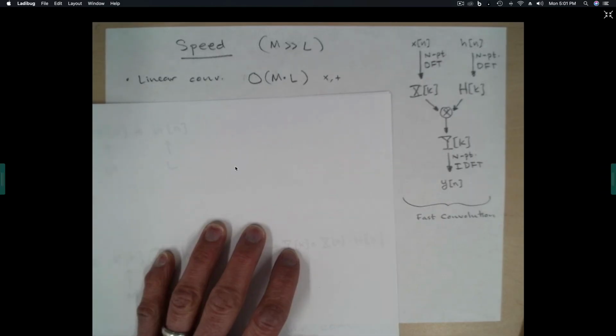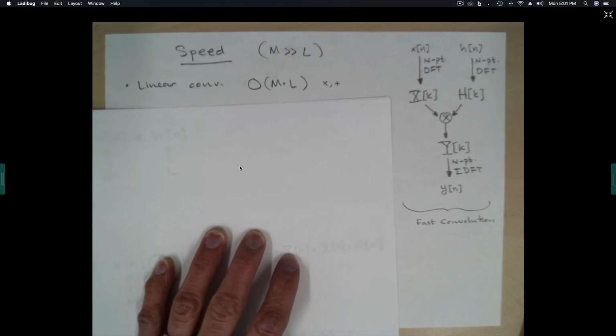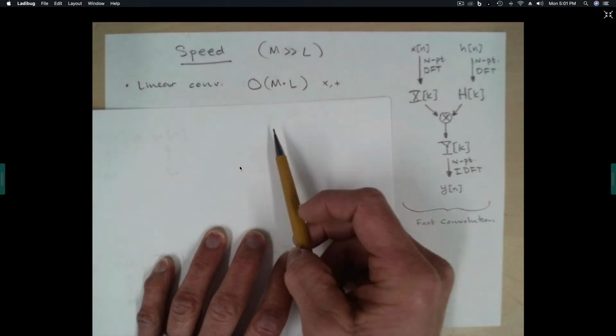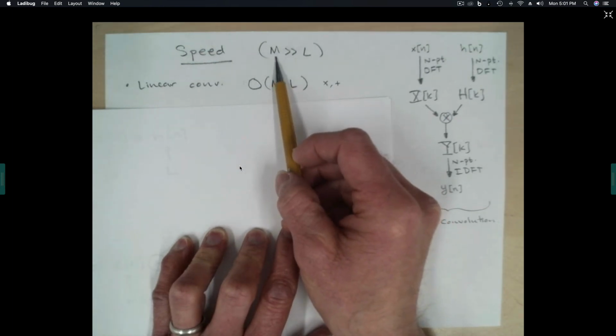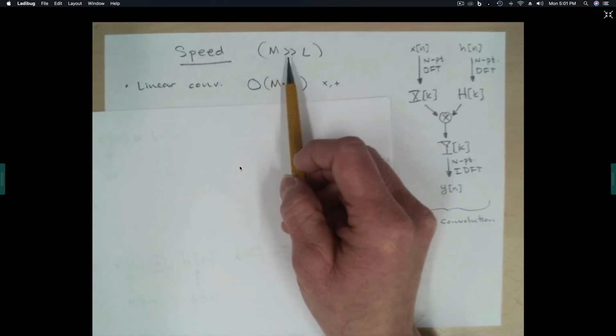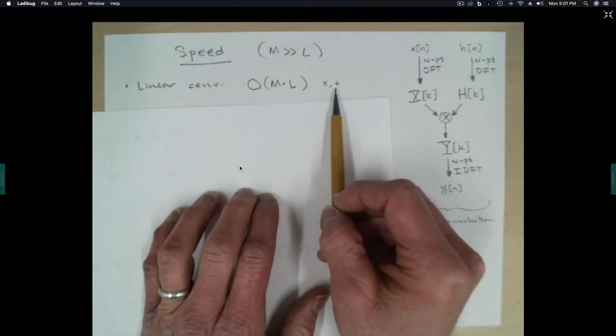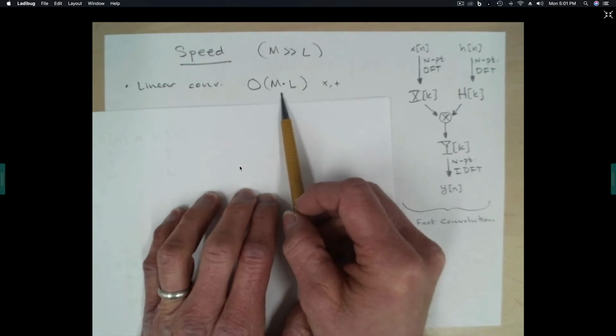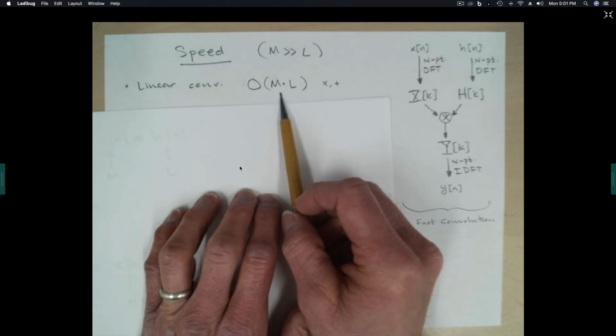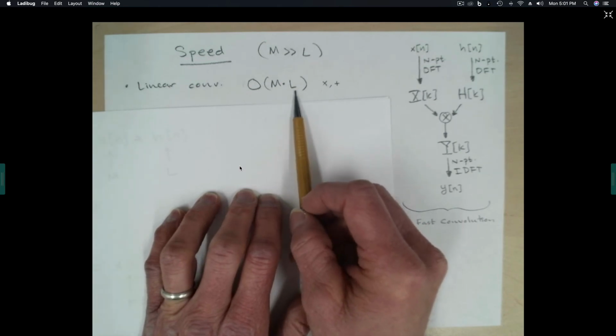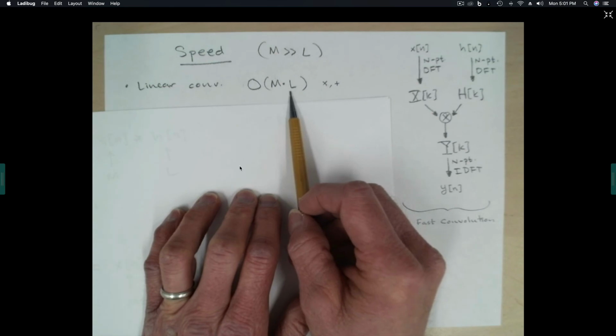Now I want to go back and address the question about speed. Well, linear convolution, if we assume that M, the length of the input sequence, is much greater than the length of the impulse response, the number of multiplies and adds that you have to do to calculate the output of linear convolution is going to be about M times L, the product of the lengths.